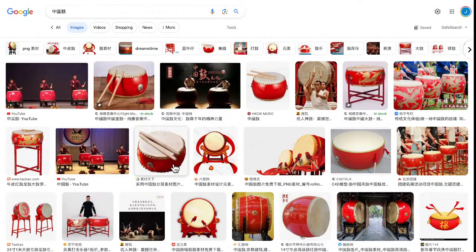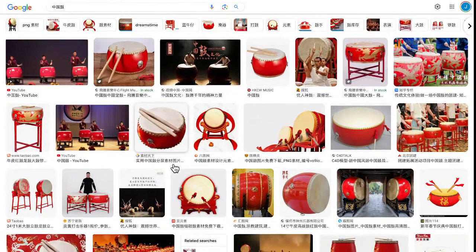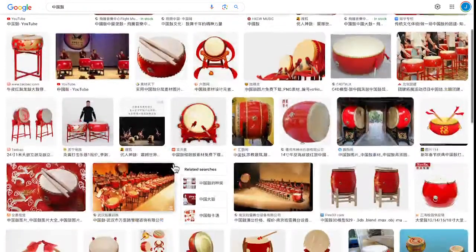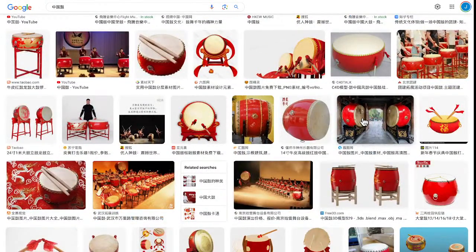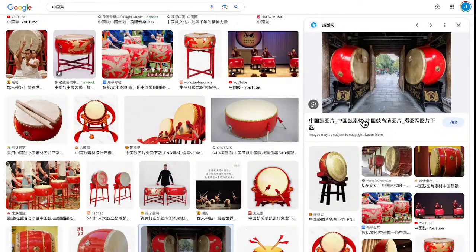Those are the drums that are put upright on a stand. Looks like this. You see that one? That's how Chinese put the drum. Okay, like this one.